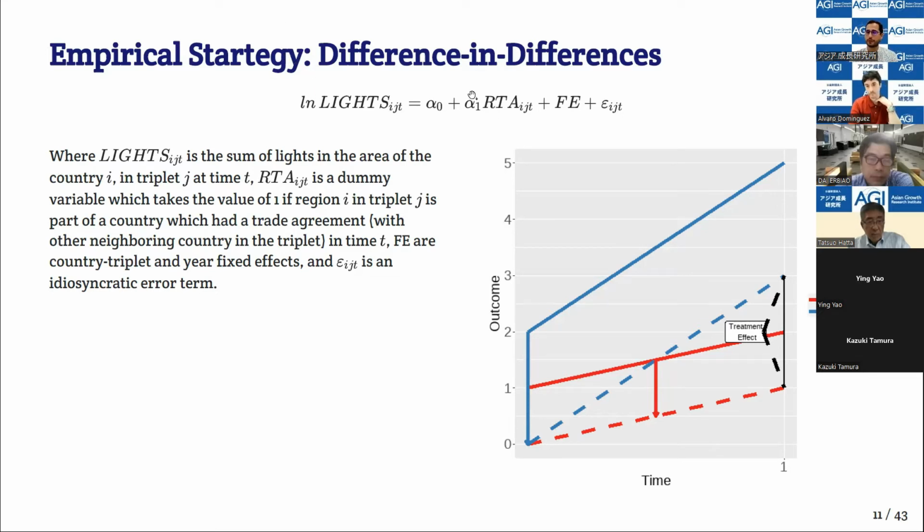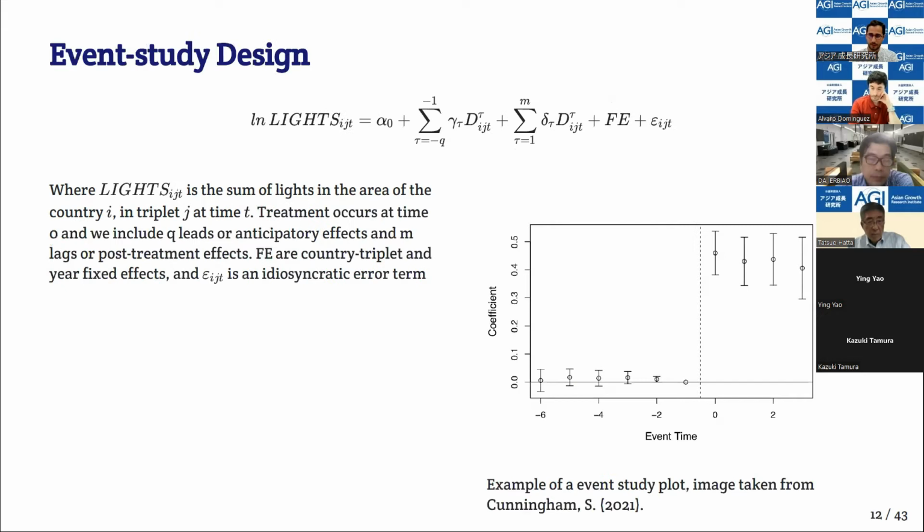And we are going to use this RTA indicator as a dummy variable: if there is a regional trade agreement or not with your neighbor, in what year, here indicated by the t index. We're going to use triplet and country fixed effects, and we have an error term. If you have any questions about the empirical strategy, we can go further into the details.